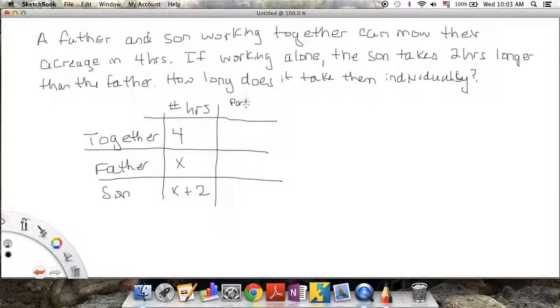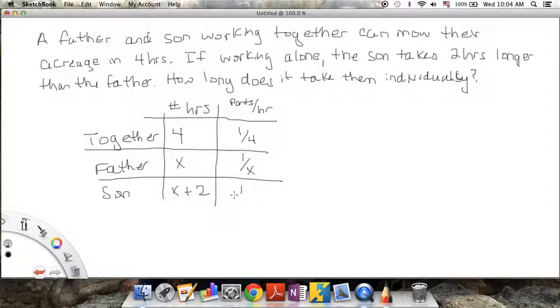If I say parts per hour, then I know that I'm doing the whole every 4 hours. So I'm doing 1/4 of this in an hour. So the father is doing the whole thing in x hours, so he's doing 1/x parts of the acreage in 1 hour.